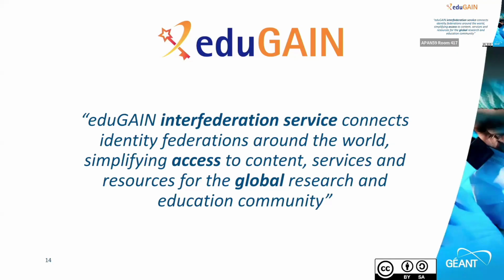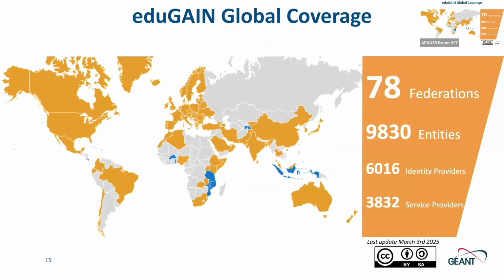EduGain is solving that problem. It lets identity federations exchange metadata, and this is just the technical part. The foundation is trust again. They trust each other because we have a set of common rules, which is thinner than what you usually have in one country, because we have a very diverse environment of countries and identity federations.